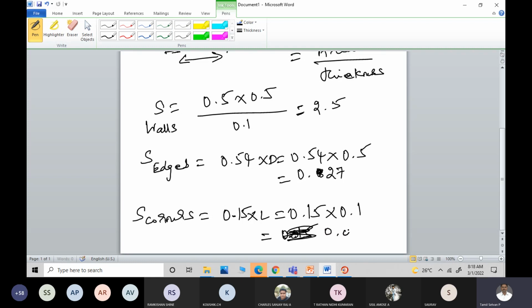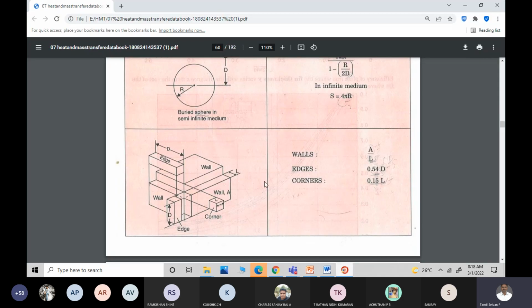Sir, if the given question is a cuboid, then what will be the area? Area by length. Again, if it is a cuboid, for different surfaces only it is given. D is mentioned as the particular distance from one side to another side or one corner to another corner.